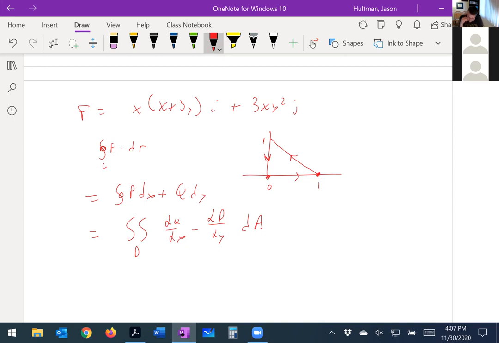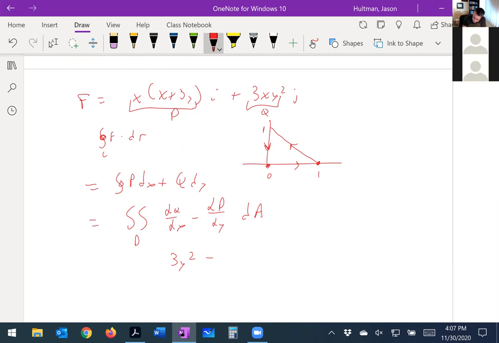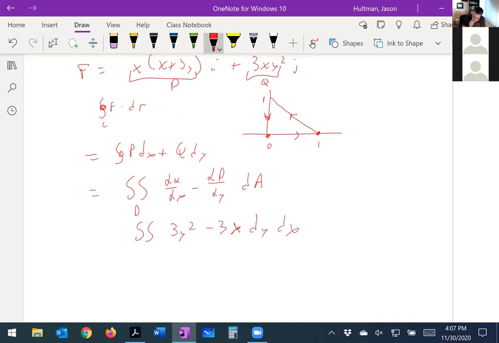So we call this P and this Q. dQ/dx is just going to be 3y squared. dP/dy is just going to be 3x, so minus 3x. Then this is dy dx, double integral.